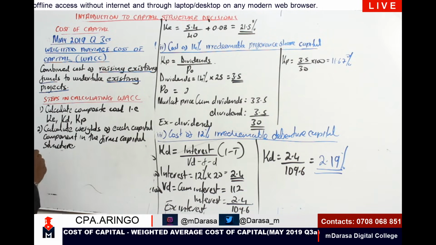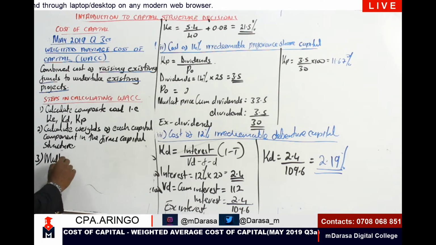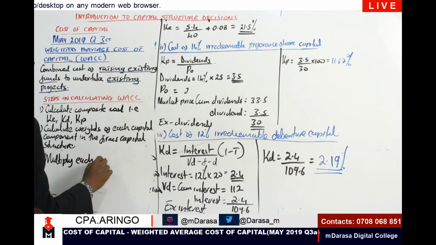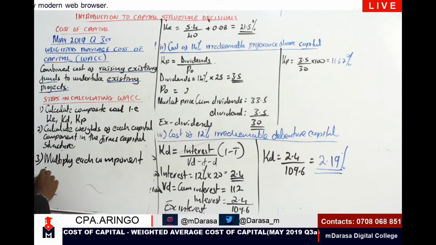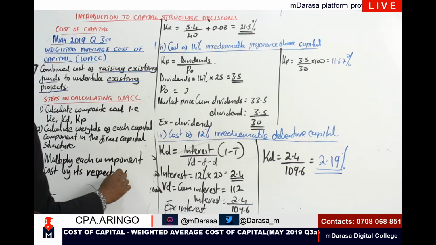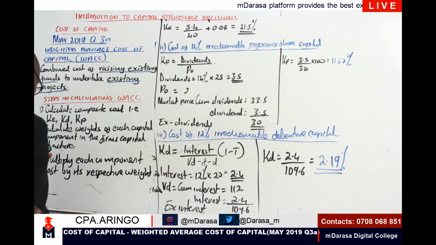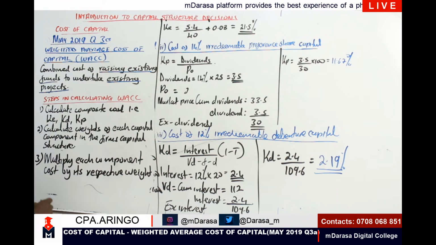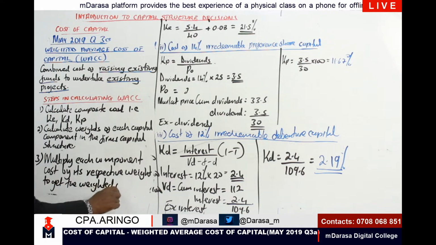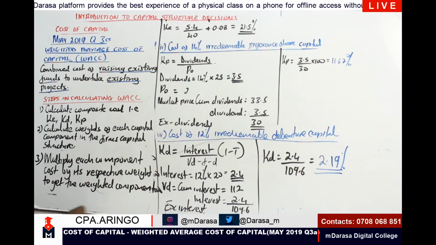And step number 3 again will be simple, because we multiply each component cost by its respective weight to get the weighted component cost.